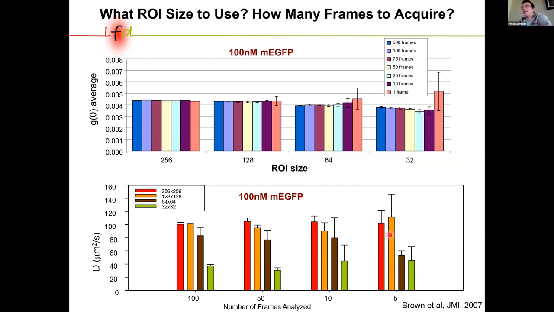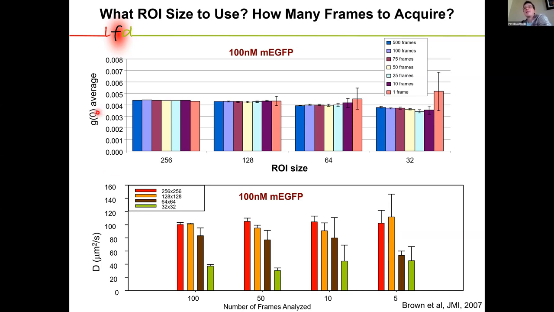Okay, so let's explore this a little bit further using different data analysis settings. In this case, a total of 500 frames were collected, but different fractions of those frames were analyzed and different regions of interest were used.